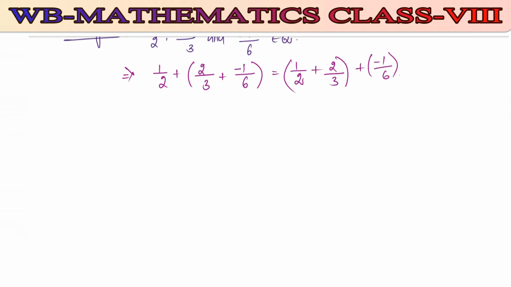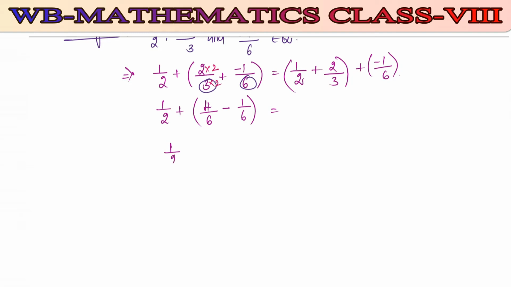In this condition, first for 2 by 3 plus minus 1 by 6, the LCM of 3 and 6 is 6. So in the numerator and denominator both I multiply by 2 to get the same denominator. Here 2 twos are 4 divided by 6, plus minus 1 divided by 6. First let me finish the left-hand side.